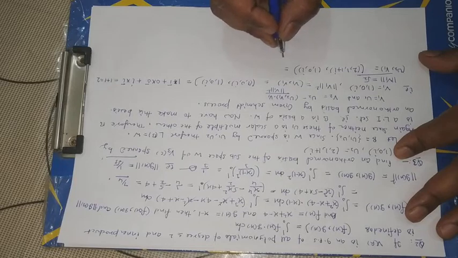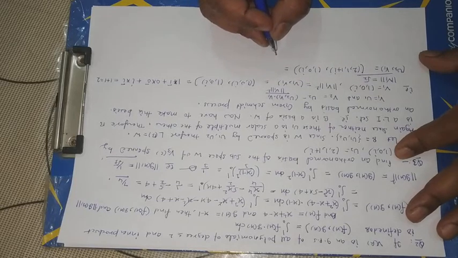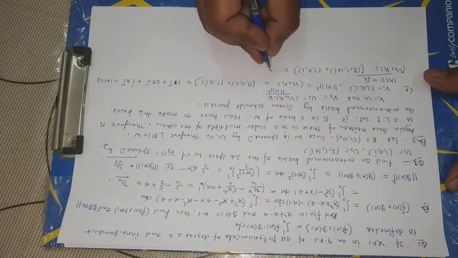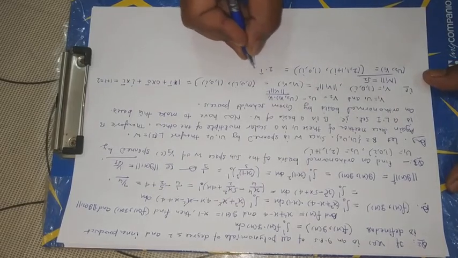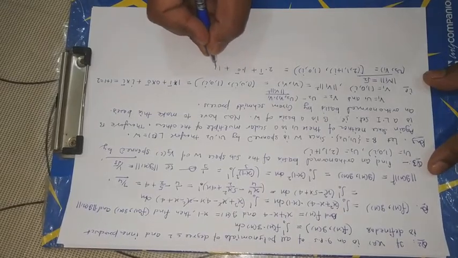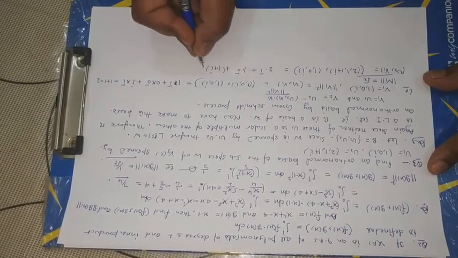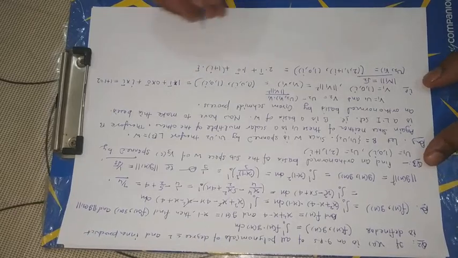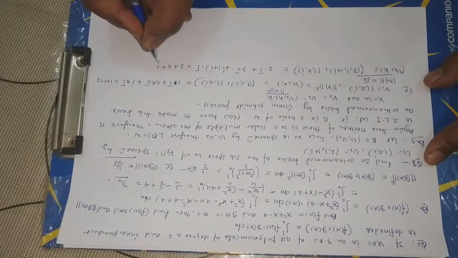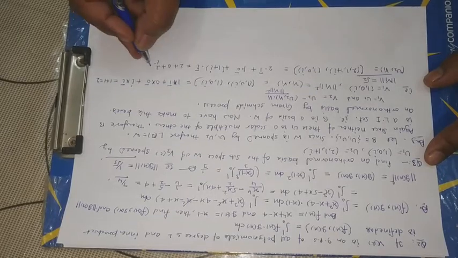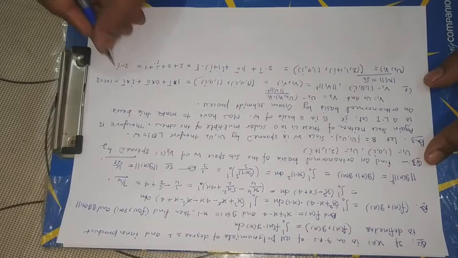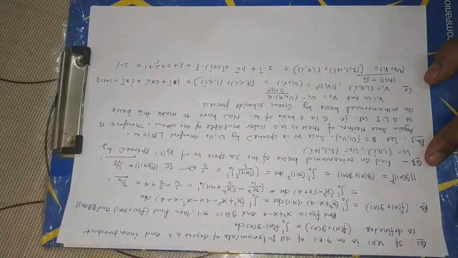This is equal to 2 into 1 bar plus 1 into 0 bar plus (1 plus i) into i bar. This is equal to 2 plus 0 plus 1 upon i plus 1. This is equal to 3 minus i.